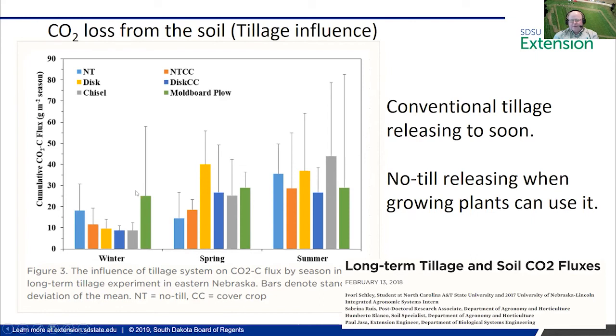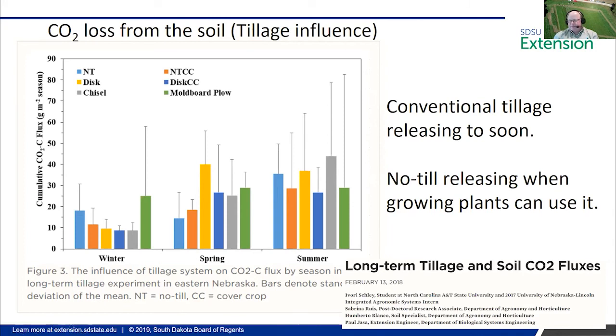Okay, so in the wintertime, the moldboard plow is higher than the no-till, but they're all low. As we go into spring, we do that tillage, we're releasing a lot more carbon. There's the no-till. As we get into summer, of course, those tilled plots go down comparatively to our no-till, but the no-till is releasing it at the time the plants can use it.